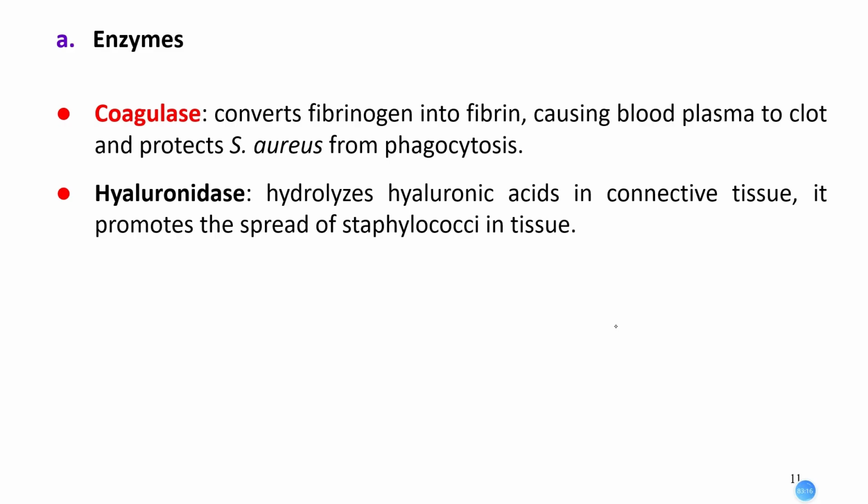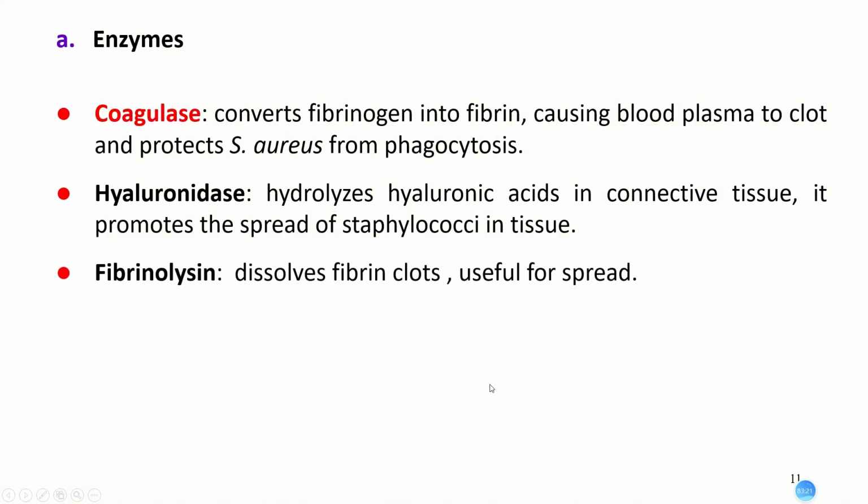Another enzyme, okay, is the fibrinolysin. Here the coagulase forms the fibrin to hide the bacteria in the blood clot, but they cannot hide in the clot forever, right? Because it's a fixed location. The nutrients in that specific location is limited.